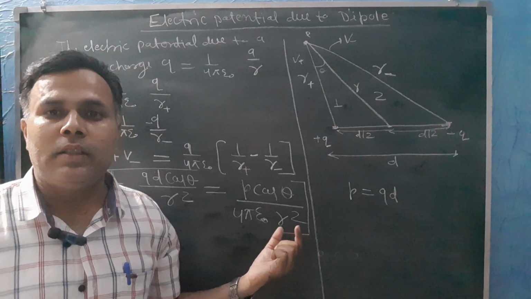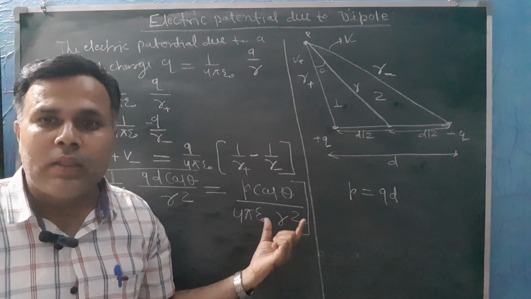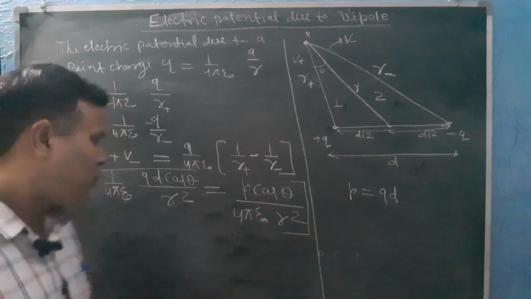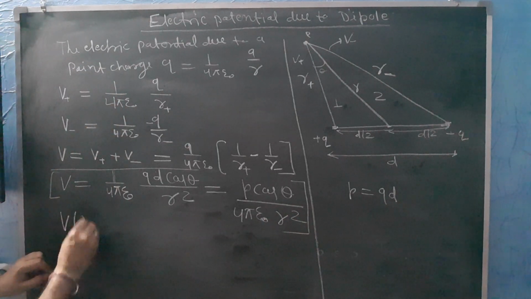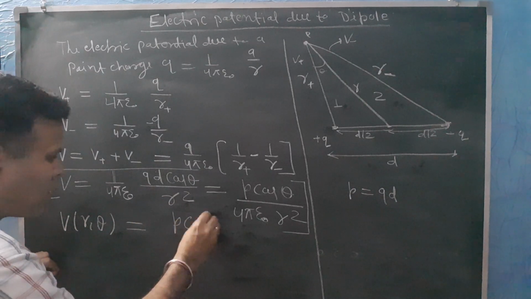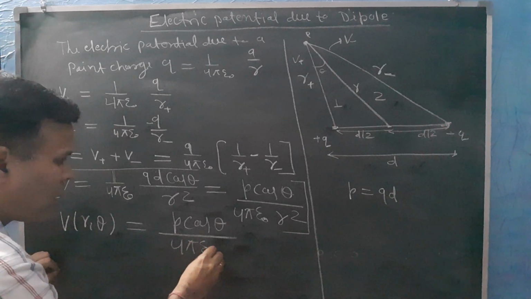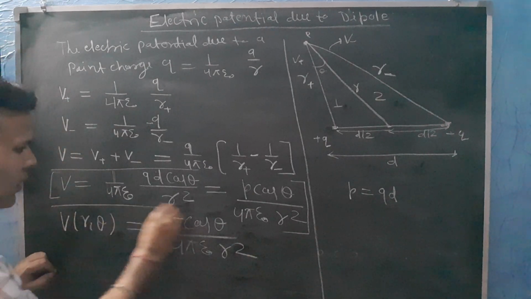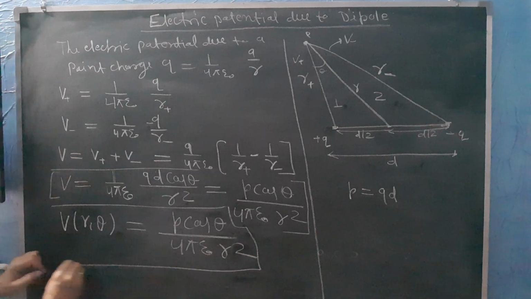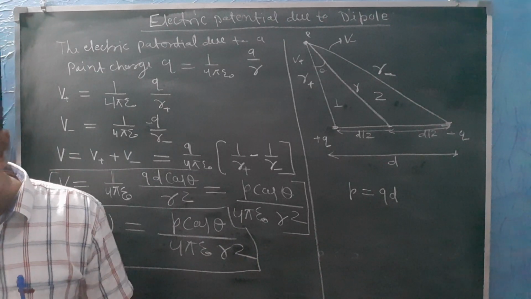So we can say that this is the polar profile, in r and theta. So we can express V(r, theta) as simply p cos theta, where p is the dipole moment, over 4 pi epsilon naught r square. This is the dipolar profile of potential due to this dipole.